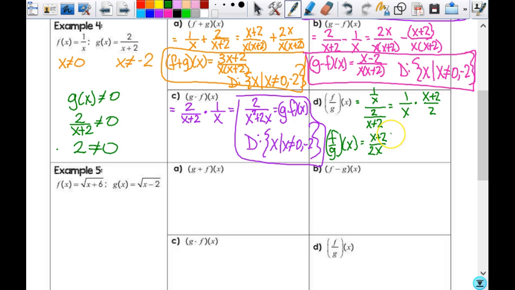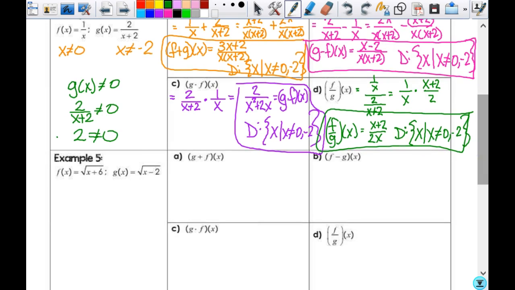Can I cancel out the 2 and cancel out the x? No, because then I will cancel you out. No. The domain is the set of all x's such that x cannot equal 0 or negative 2. Are we good? Any questions? We good? All right. Next one.